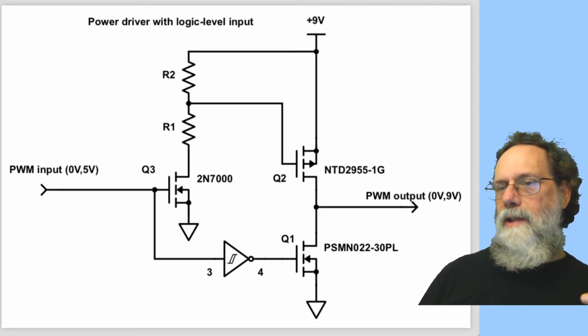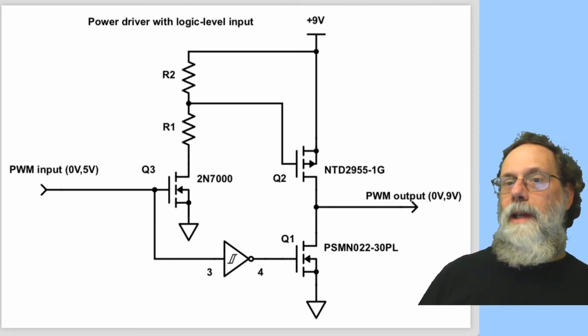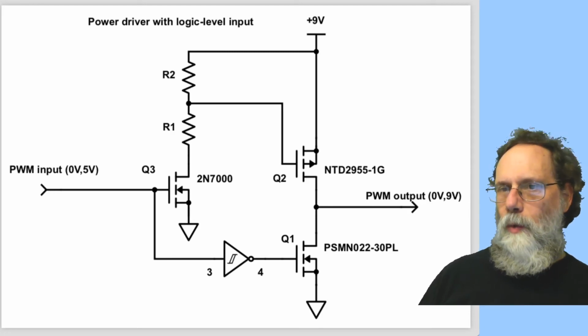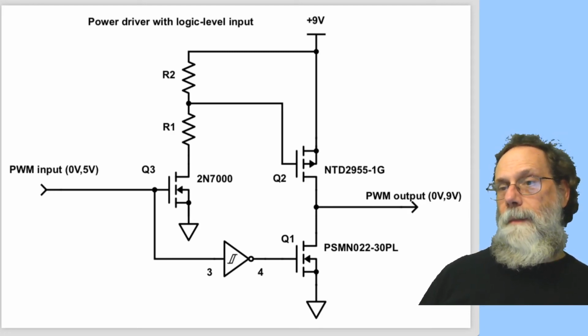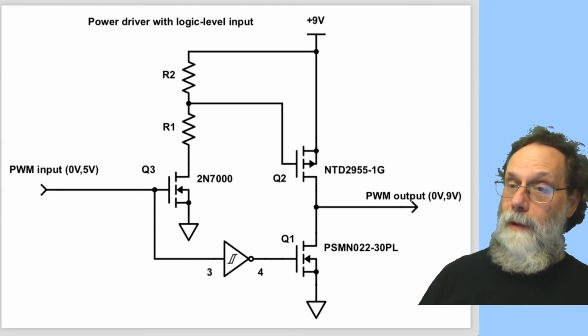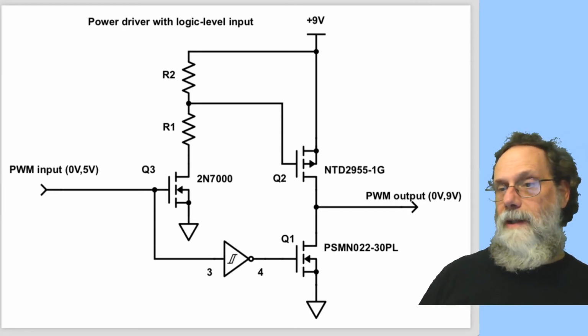The trouble is that's slow, because if Q2 is swinging a long way, then it takes a long time to charge or discharge it. And it might turn on fairly quickly, it charges up, but gets to the point where it turns on, no problem. That's when Q3 is turned on, pulling down to ground.